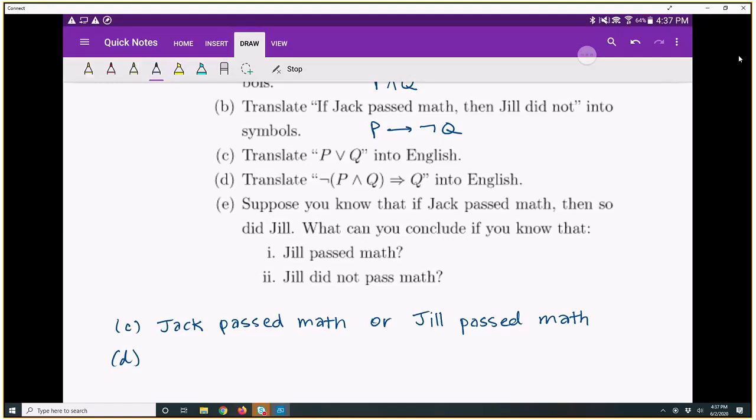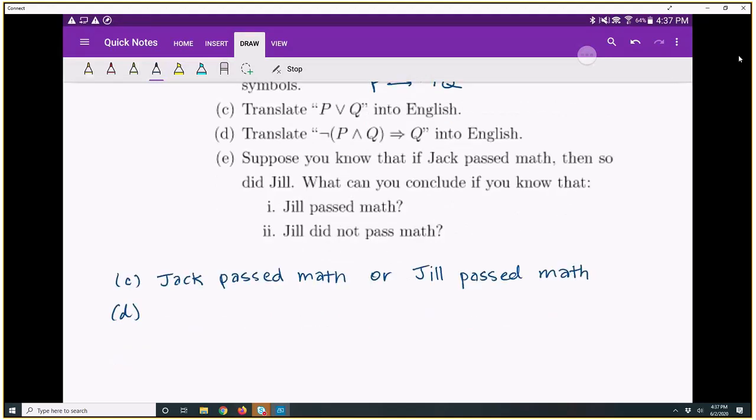Translate negation of P and Q implies Q into English. So the negation of P and Q is the negation of Jack and Jill passed math.